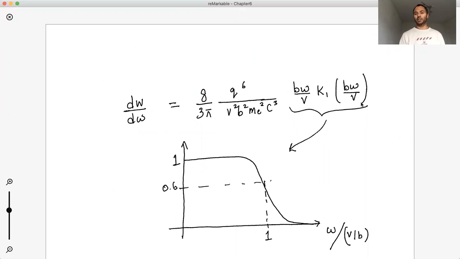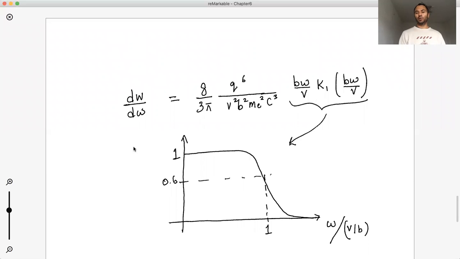So if you take these two together and plot them, then K1 itself goes to infinity at low frequencies, but K1 times the argument goes to 1. At very high frequencies, this is exponentially damped, so it goes to 0 very rapidly. And when that argument is of the order 1, that factor is roughly of the order half. So instead of a step function, you have a more smoothly varying function.